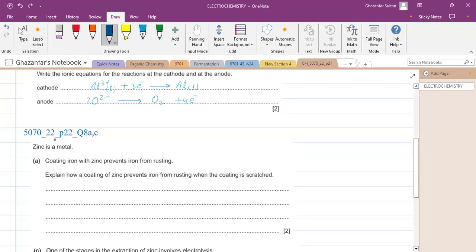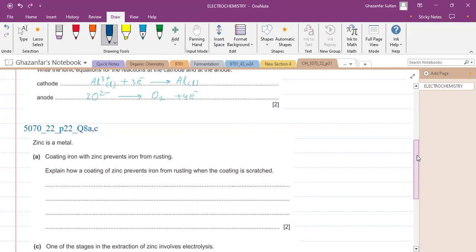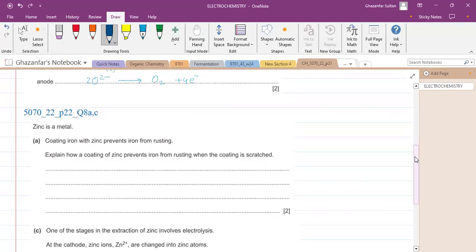Now see, this is a question from the same year 2022, paper 22, question number 8, A and C. These are regarding electrochemistry. And just like the above two reactions, these are related to writing chemical equations at different electrodes.